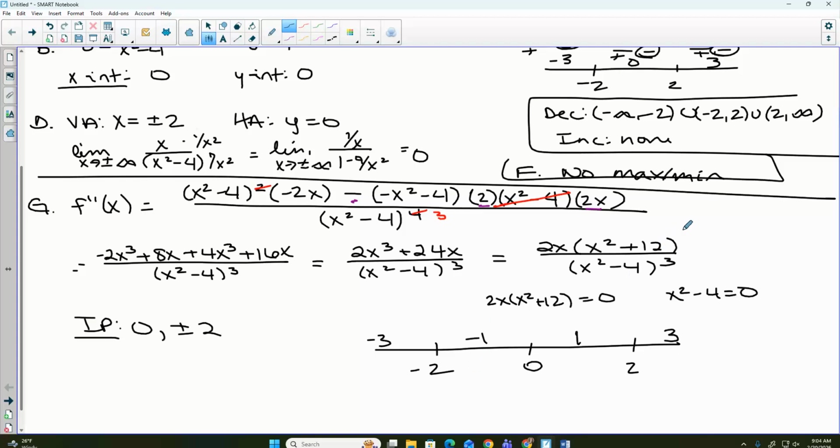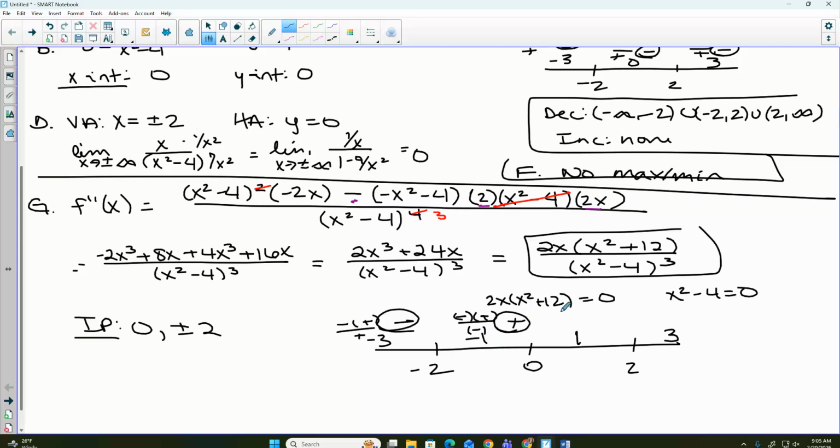Alright, and I'm plugging them in here. So if I put in negative 3, I get negative 6. That'll be a positive. 9 minus 4 is positive. So 2 positives and a negative would make a negative. If I put in negative 1, I get negative 2 times the positive divided by a negative. So that section's positive.